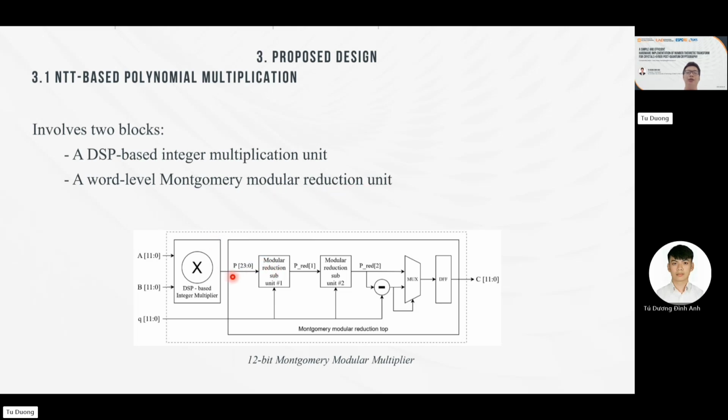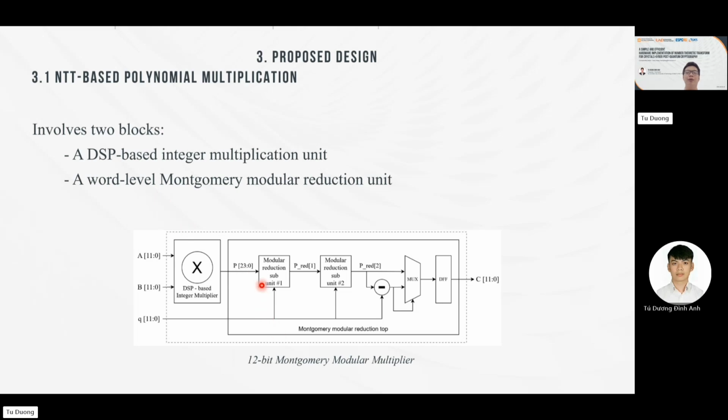We need it to reduce the 24-bit product from the integer multiplier to the 12-bit product modulo Q. For the Montgomery modular reduction algorithm, the word size that we choose is 8 because it is suitable for Kyber.